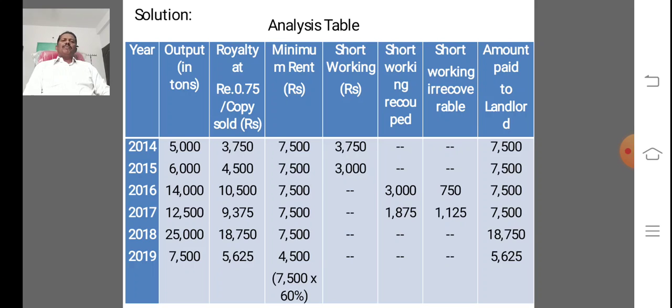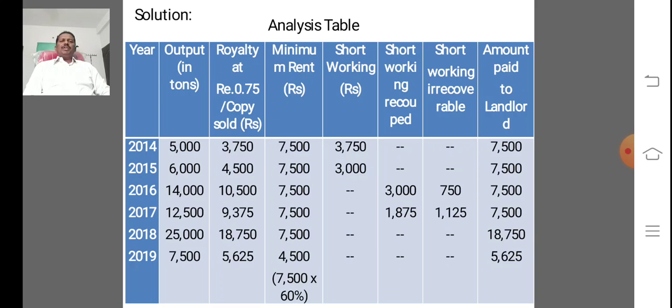In 2014, 5,000 output into 75 paise, 3,750 is the royalty, but minimum rent is 7,500. So in this case, royalty is less than minimum rent. The difference is 3,750, which is the short workings, and finally the amount paid to landlord is 7,500.